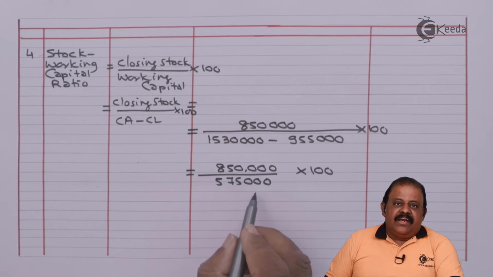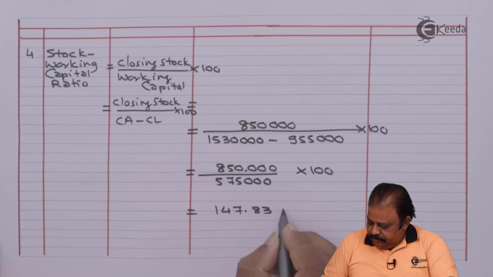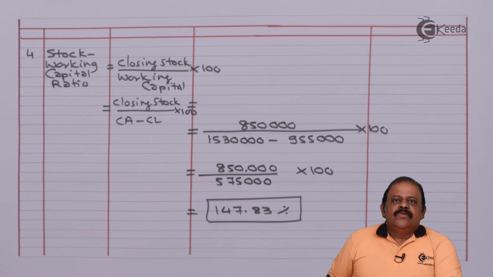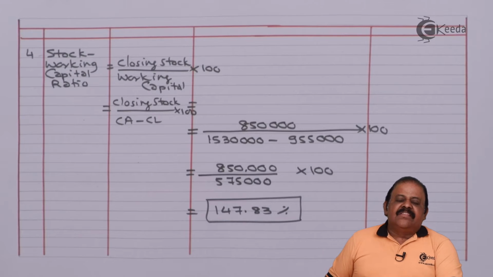Working capital is 5 lakh 75,000. So we got stock working capital ratio 147.83%. We have calculated all the ratios.